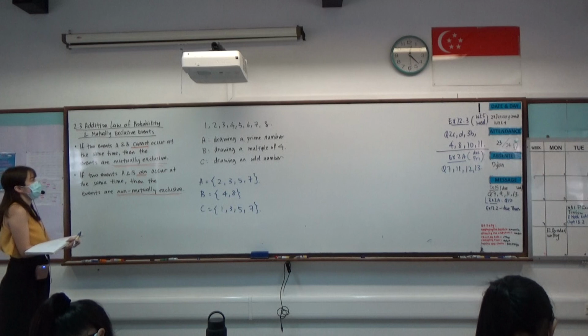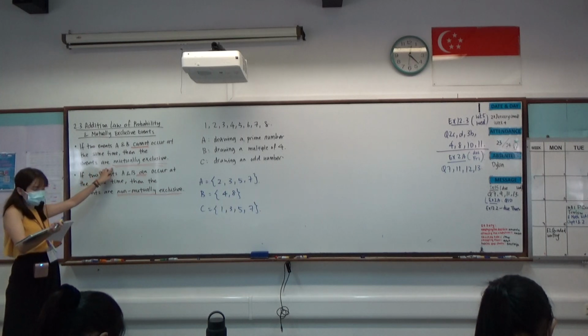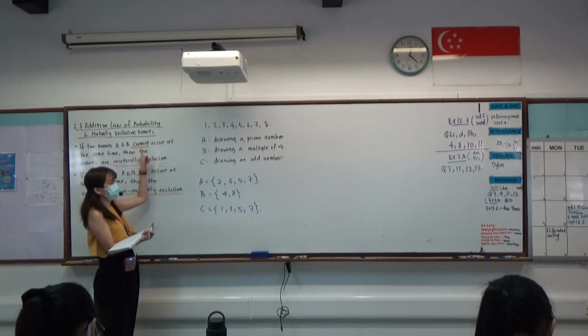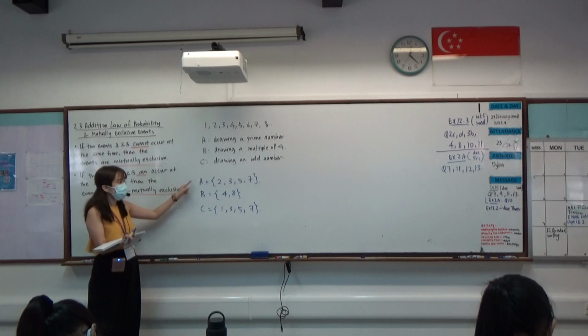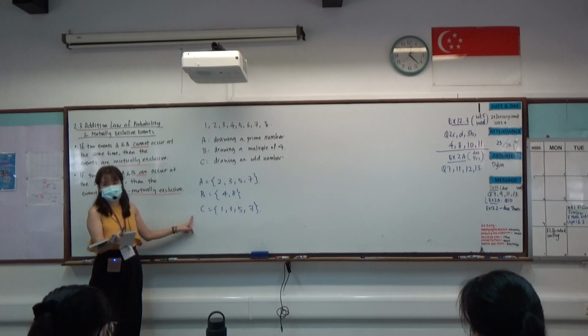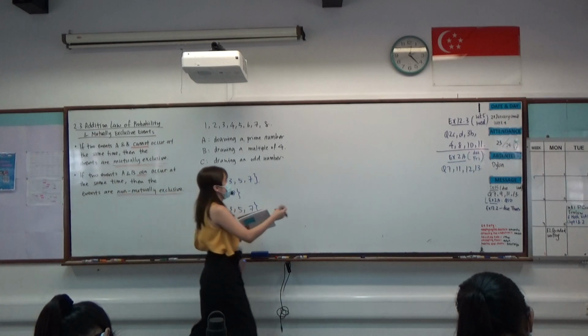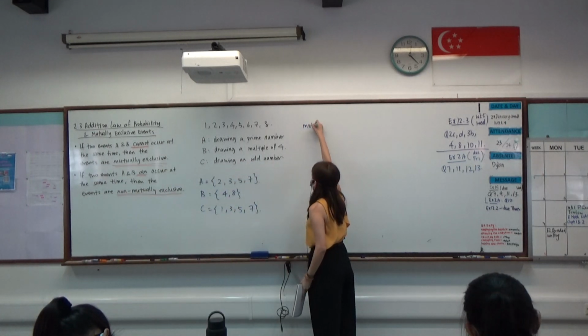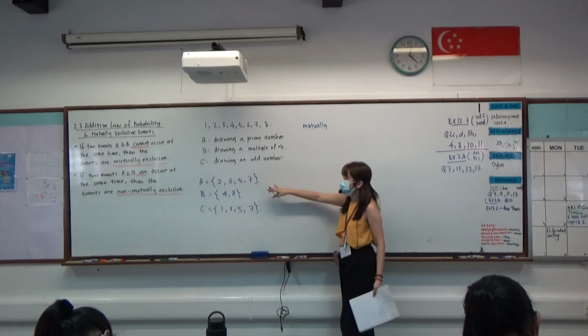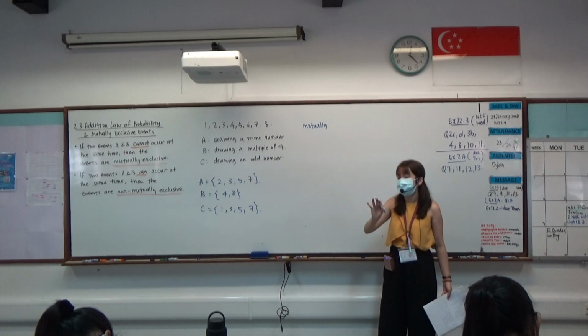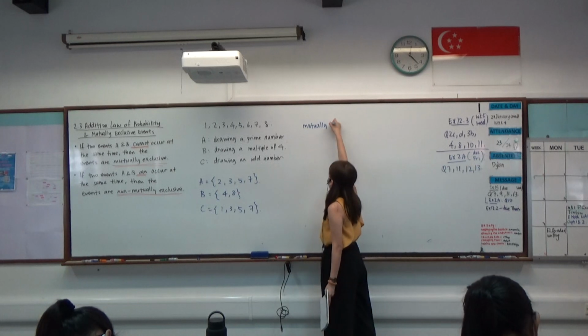So when we say that they are mutually exclusive, it means that they cannot occur at the same time. Looking at the elements found in these events, which two sets are mutually exclusive? Meaning that they cannot occur at the same time, so by right, they should not share anything in common.